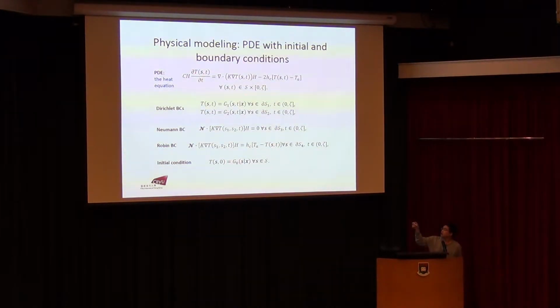S is the spatial domain, and the time interval of interest is 0 to zeta. The Dirichlet boundary conditions are written down formally as follows: the temperature is equal to function G1 at boundary ∂S1, and equal to function G2 at boundary ∂S2. The initial condition is the function G0. Notice that G1, G2, and G0 are parameterized by the vector x.